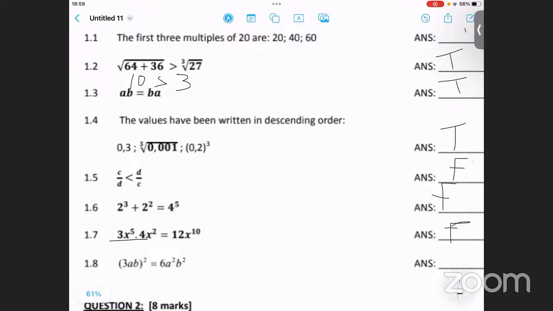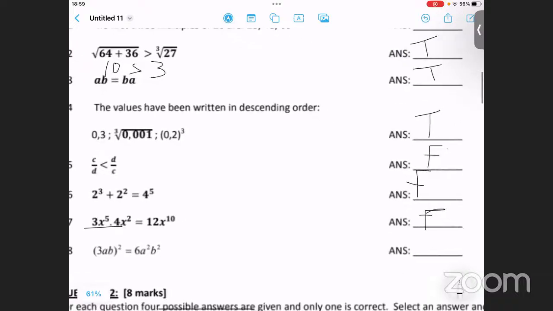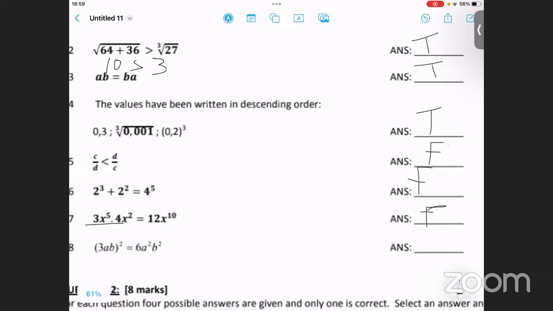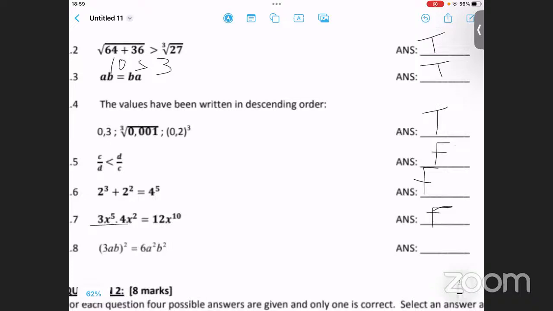Now let's look at 1.8. They say 3 open bracket 3ab close bracket squared equals 6a squared b squared. Is this true? It's false, ma'am. And why are you saying it's false?